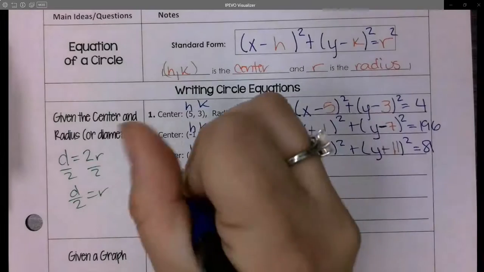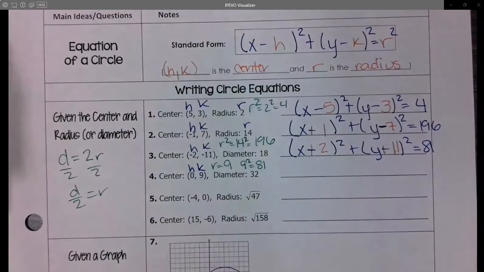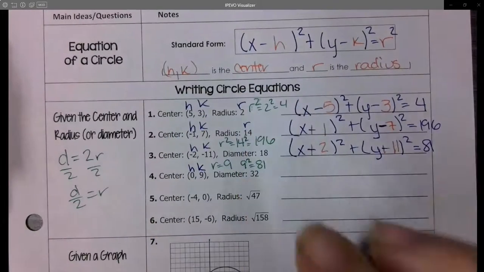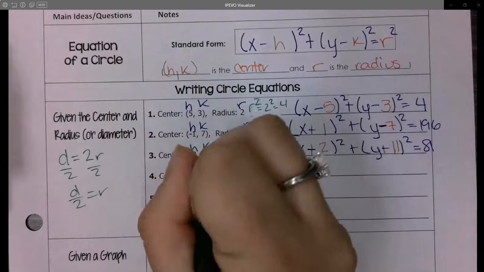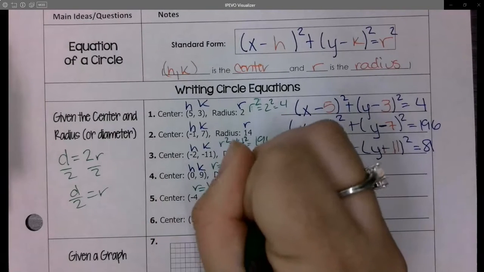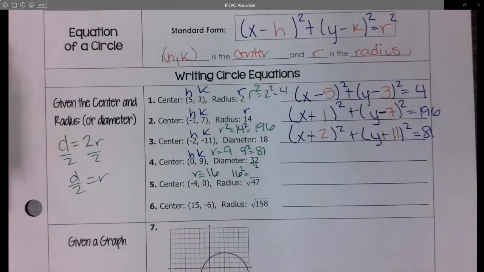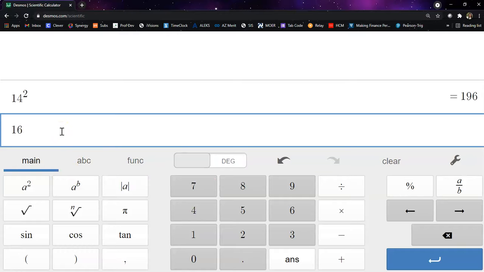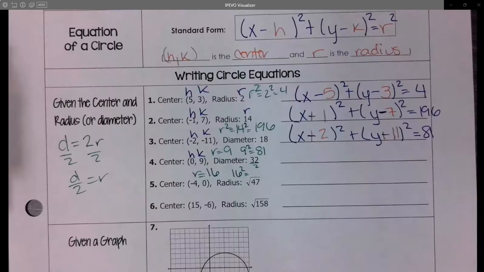Okay. On number 4, my h is 0, my k is 9. And then I need to find my radius, so I'm going to take my diameter and divide by 2. This gives me 16. And then I want to figure out what 16 squared is, which is 256.